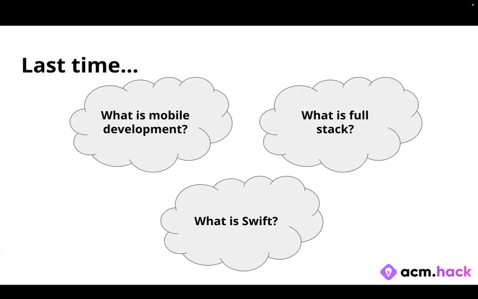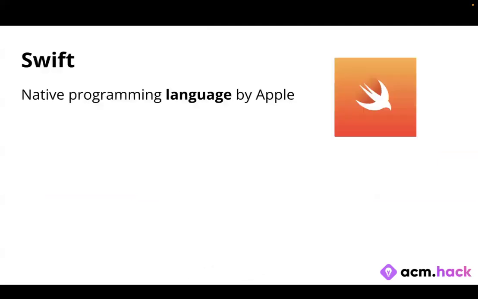And I think our last topic was Swift. What is Swift? Swift is a programming language. So it's like something that you've learned before, like C++ or Java or JavaScript or Python. It's like any other programming language, except that it's used mostly for developing native apps, and it's maintained and supported by Apple.